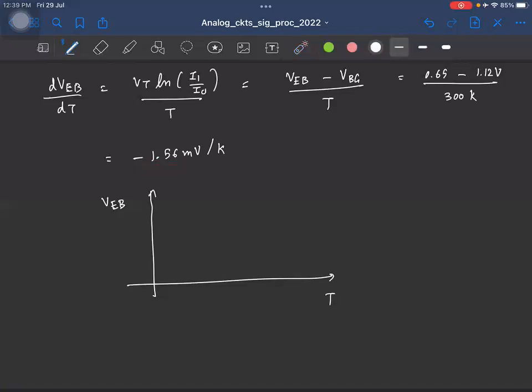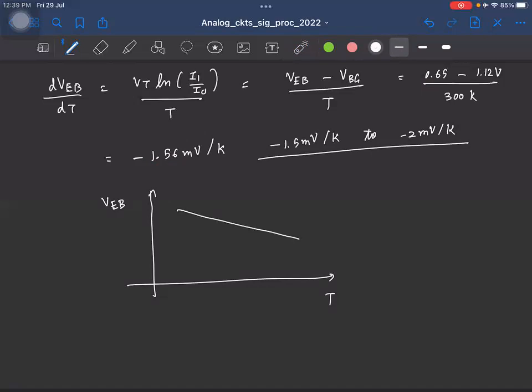And again, these values depend on the forward bias voltage and stuff. So in practice, you can find that this can vary from minus 1.5 to minus 2 millivolt per Kelvin. Okay. And when you design, you always rely on simulation. You simulate it and see what the slope is, right? Okay, so this more or less might do something like this.